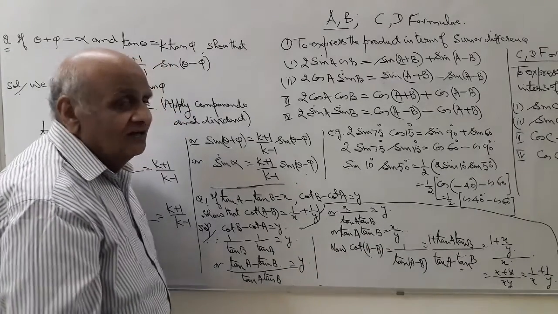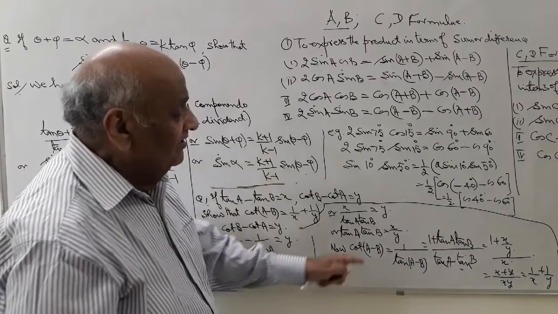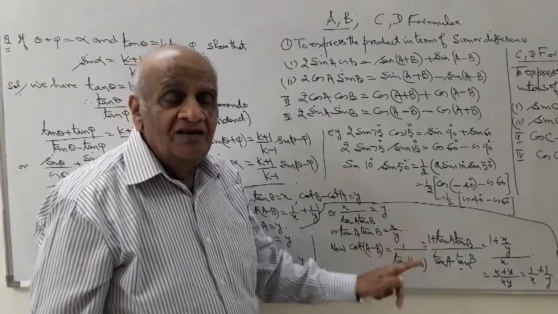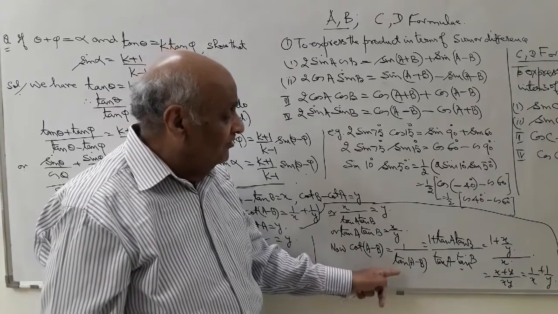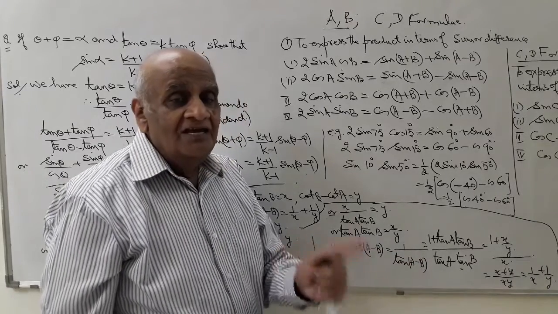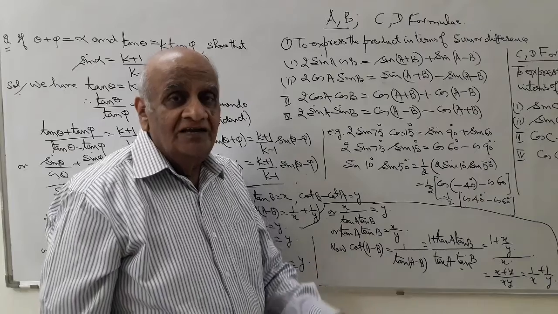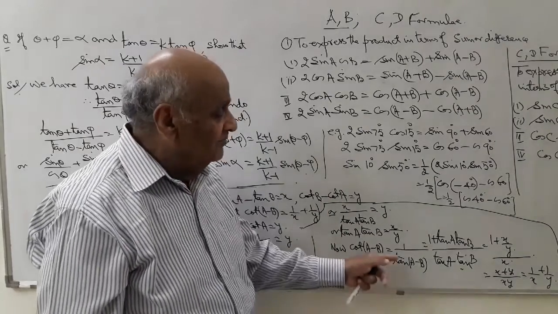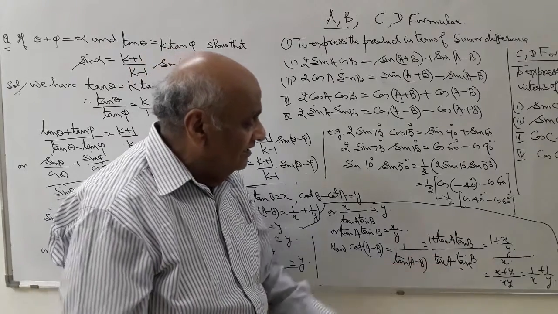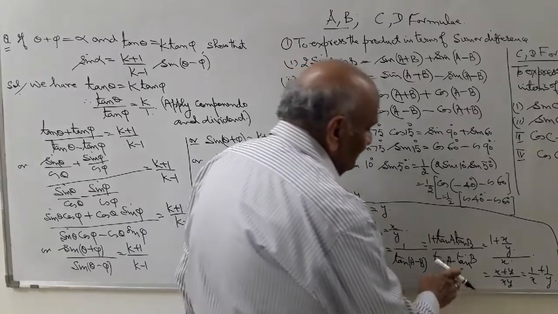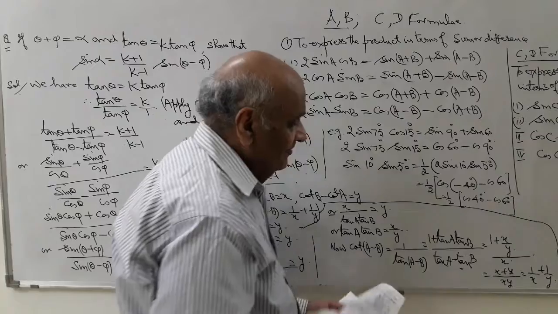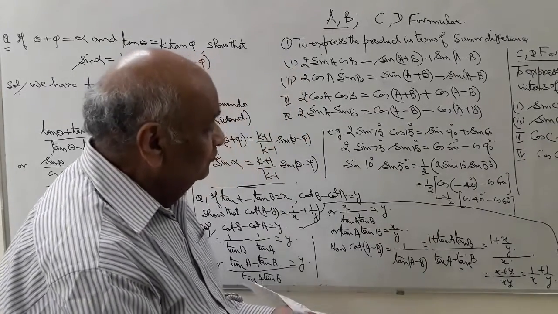When you say cot A minus B, this is 1 upon tan A minus B. Apply the formula here in the denominator, tan A minus B means tan A minus tan B over 1 plus tan A tan B. So the reciprocal of this is 1 plus tan A tan B over tan A minus tan B. Now the values of these are known to us.